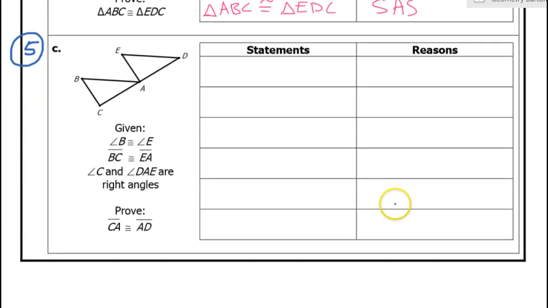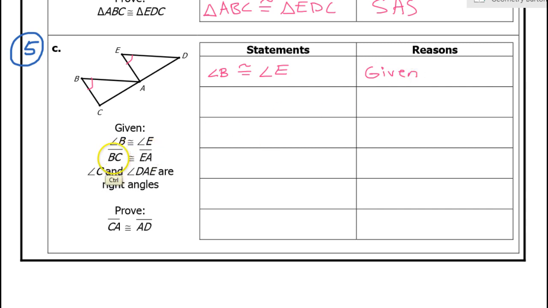All right. Moving on to number 5, part C. We are given that angle B is congruent to angle E. So there's angle B congruent to angle E. Okay, might as well go ahead and write that down. So angle B is congruent to angle E, given.